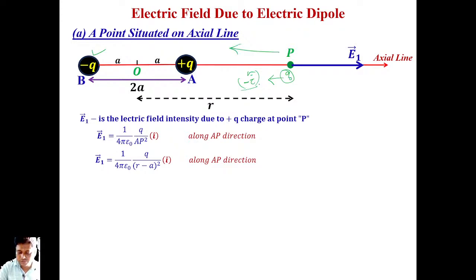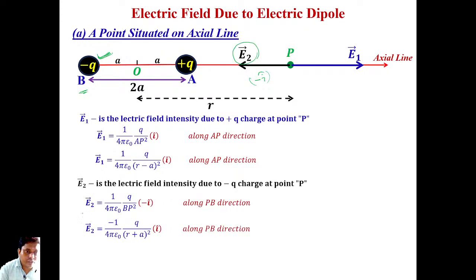So the electric field intensity due to the negative charge placed at B will be along this PB direction, or along minus i cap direction. Let us consider that this is E2.